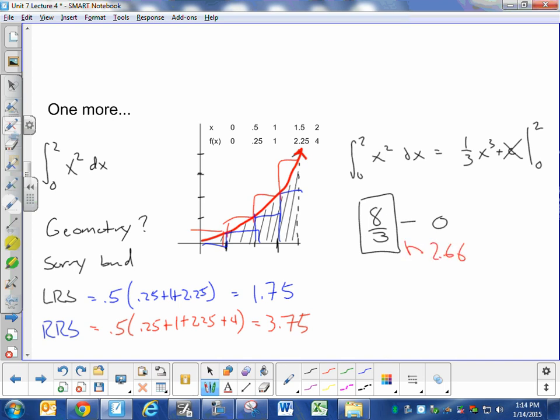What would give me a pretty accurate approximation? Let's do a trapezoid. So, 1/2, my consistent width, times my first plus my last plus double my middle.